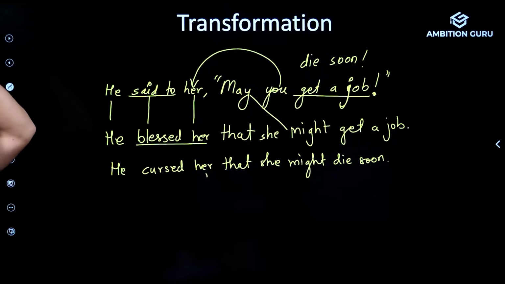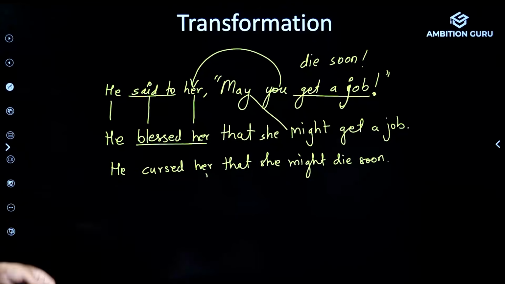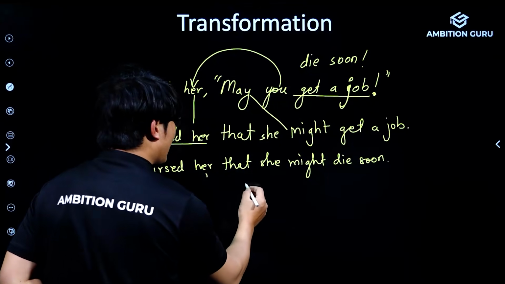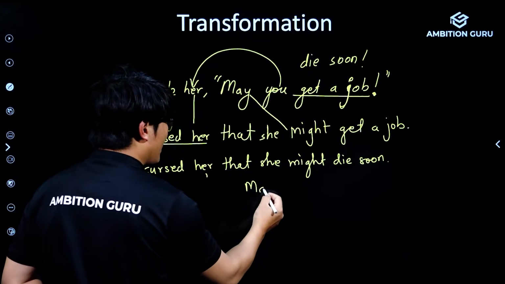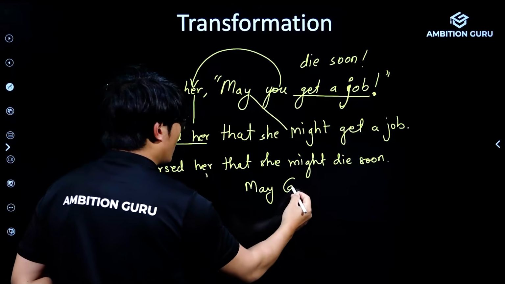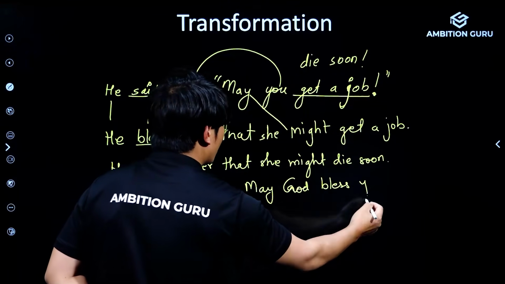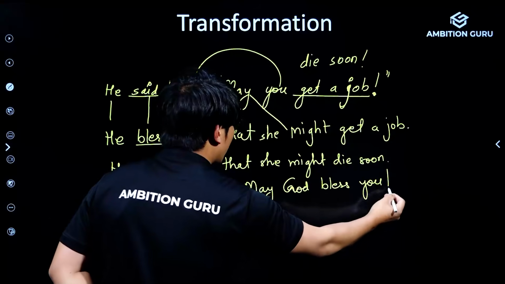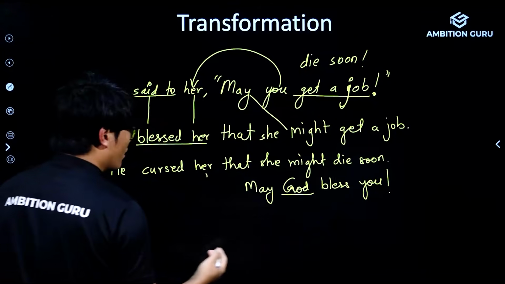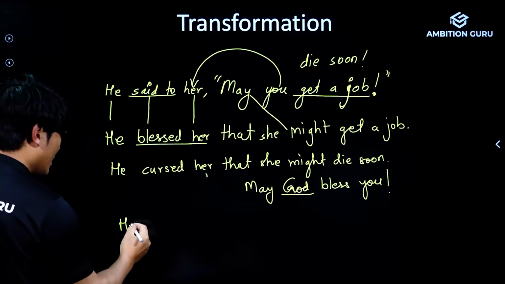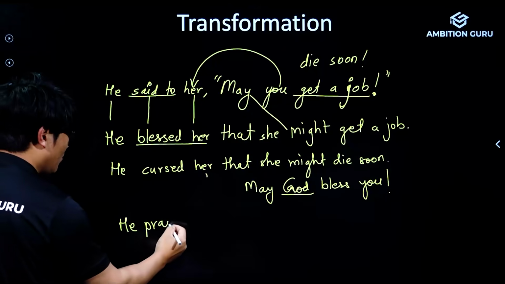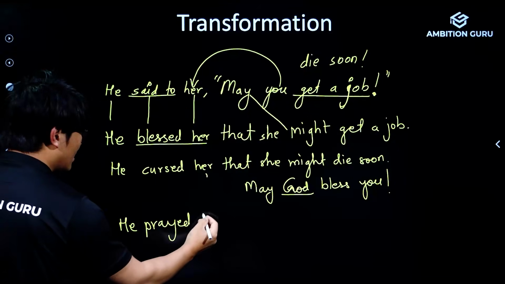If there is, okay, may God bless you. What happens when there is a may God bless you? Like a may God or God bless you. So we know that when there is a God or a goddess, then we write here, he prayed.